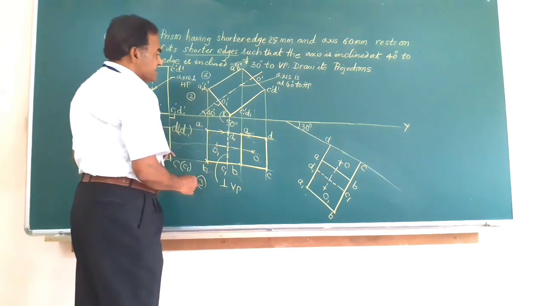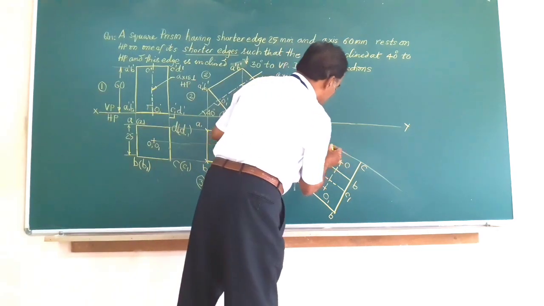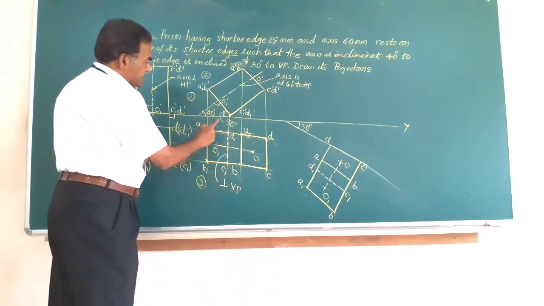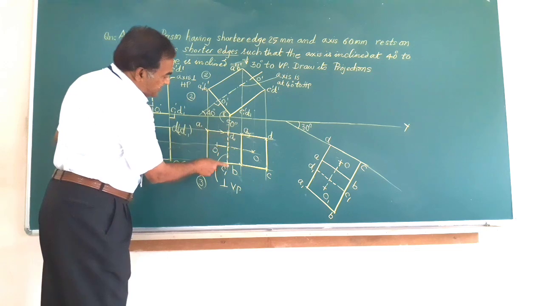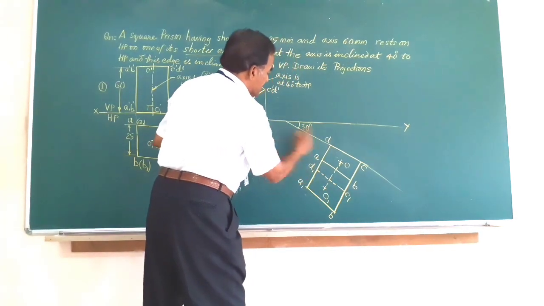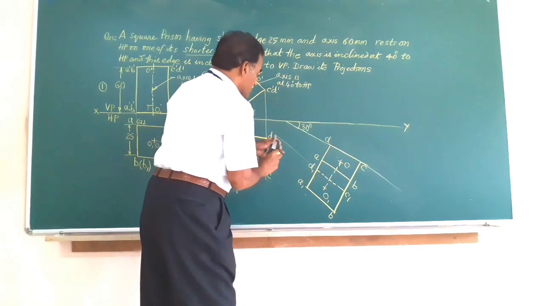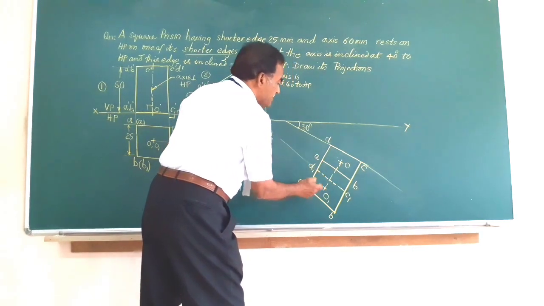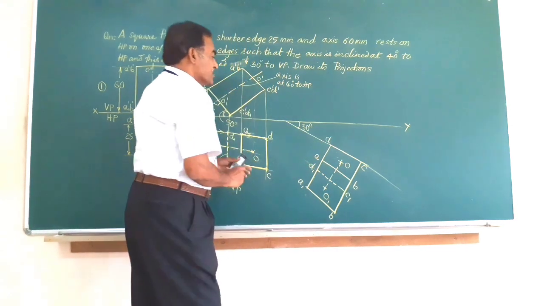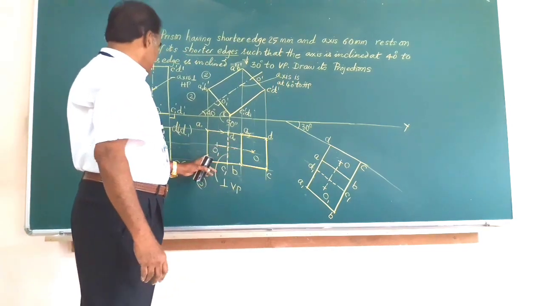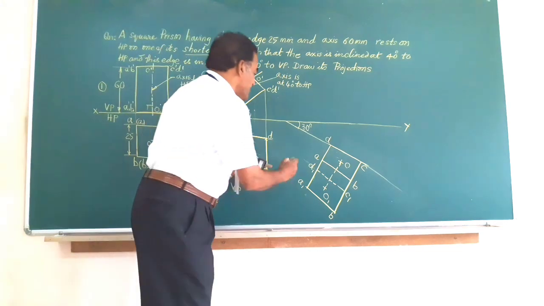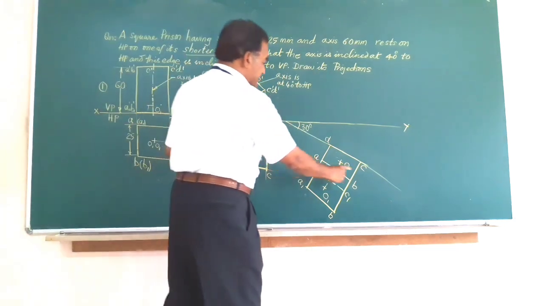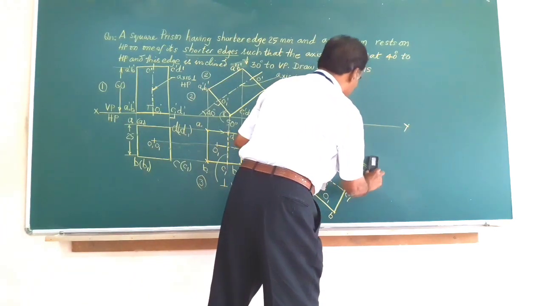And here you can observe, friends, the object which is resting on HP is redrawn with that edge CD, that's C1, D1, at an angle of 30, because these two lines are parallel. Whether this is inclined or this is inclined, it means one and the same because they are parallel to each other. So I have redrawn this figure number 3 as figure number 4 here, with the edge on which the solid is resting inclined at an angle of 30 degrees to VP.